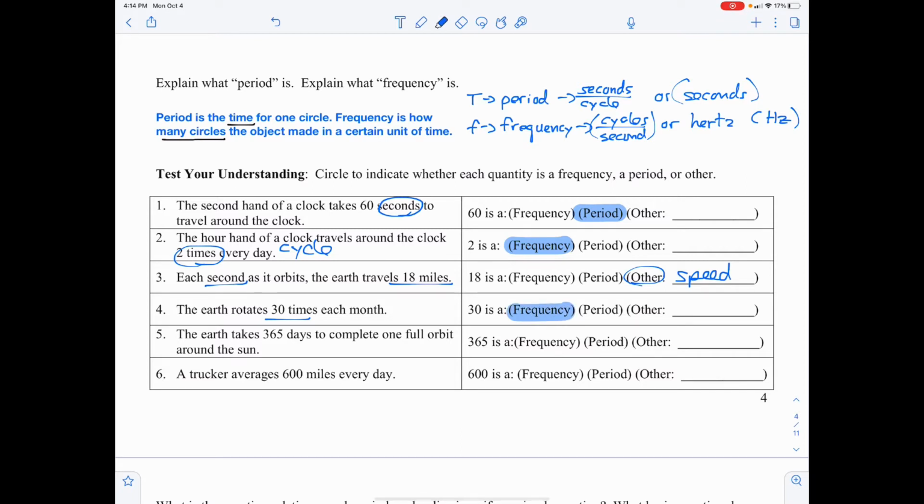That refers to cycles, that refers to frequency. Number 5, the Earth takes 365 days, that's a period of time, to complete one cycle. That would be the period. Number 6, a trucker averages 600 miles every day. So distance given a unit of time, of course, is a speed concept.